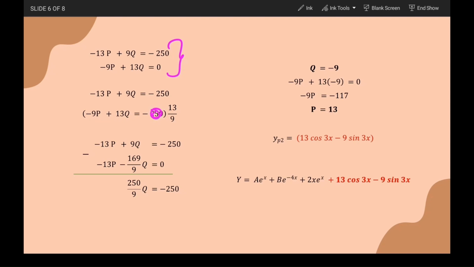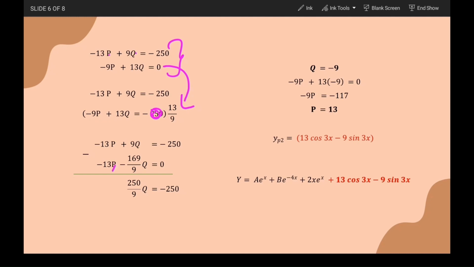If I need to solve this by using the elimination method, I need to make either p or q share the same value in both equations. In this case, I choose to eliminate p. So I multiply the second equation by 13 over 9. 13 over 9 times negative 9p gives negative 13p.